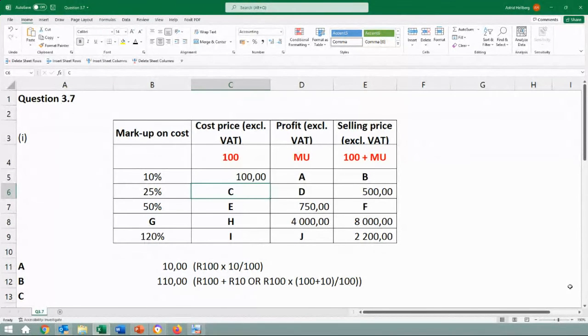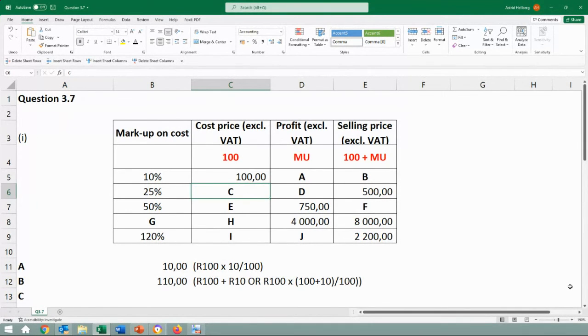Anyone else agreeing with Mabali, or is there someone that has a different answer? Okay, Mabali, do you want to explain to me how you got to your answer?